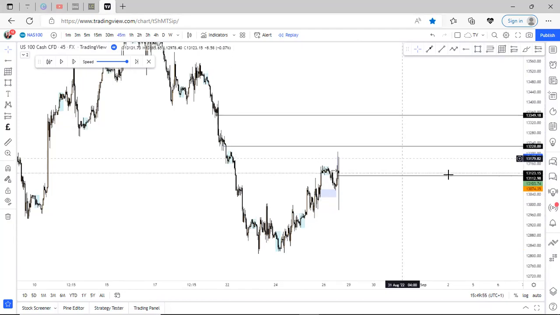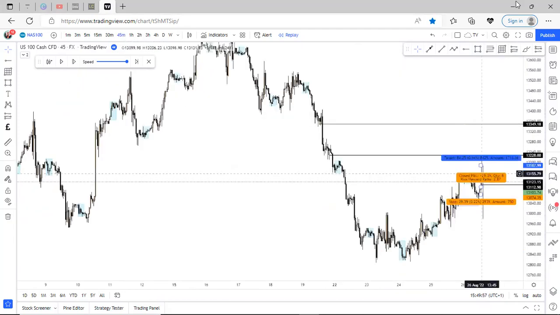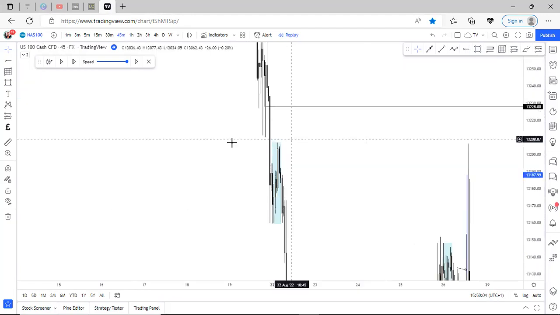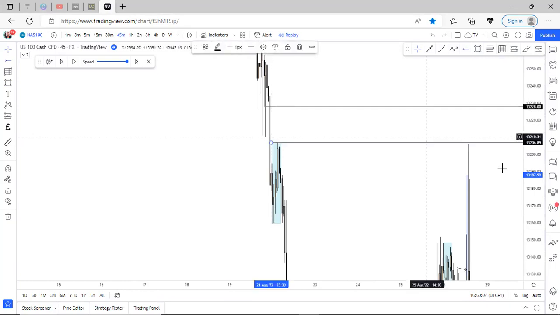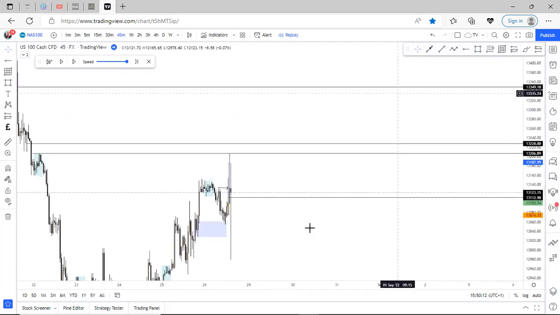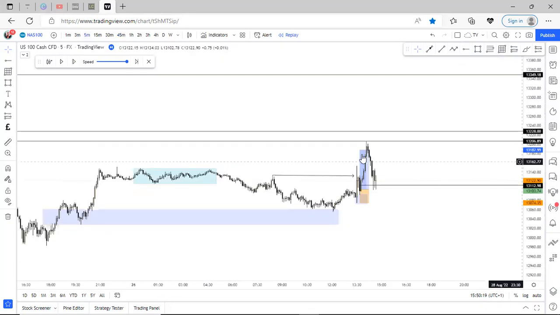And why I got out of this third trade was because I thought the Asian range was already grabbed. Sometimes once the Asian range high or low is grabbed, markets will reverse again. So that was why I got out at around 84 pips and I was out of the market.